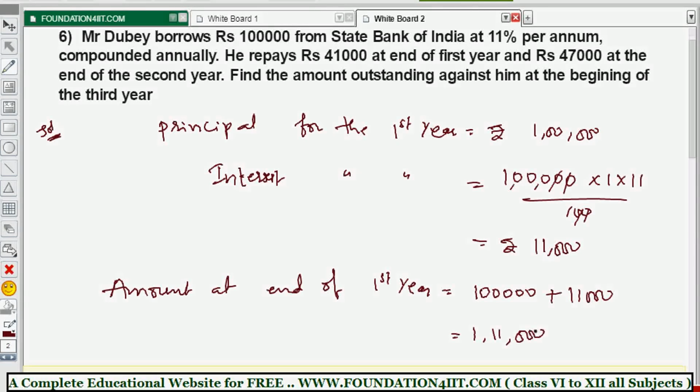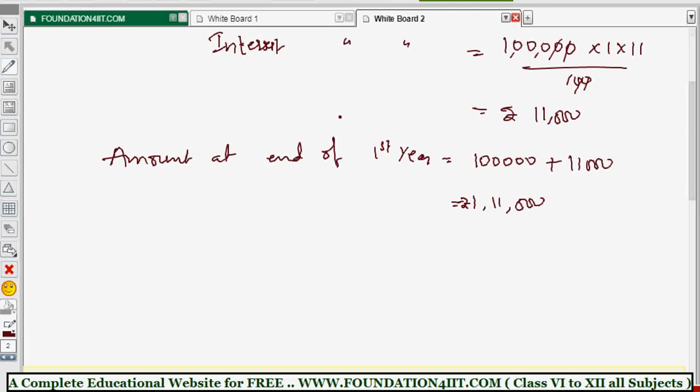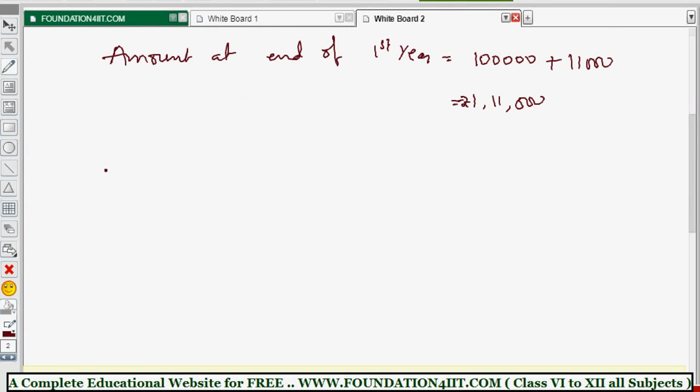So this is amount. Now according to the problem, he repayment at end of the first year. So from this 1 lakh 11,000, he paid here 41,000. 41,000 for the first year. So that should be removed because for the next year principal we are taking. Okay, repayment at end of the first year is 41,000.